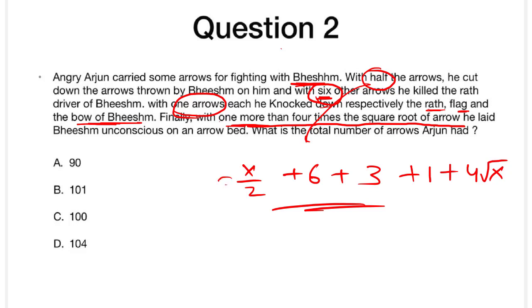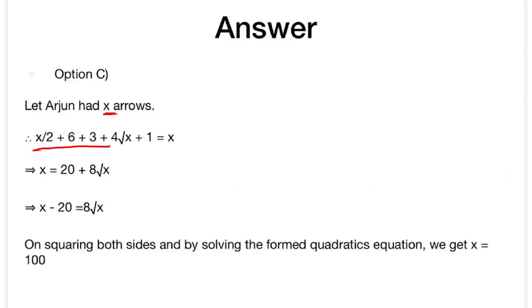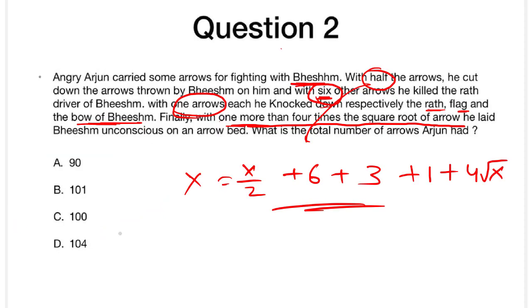The total is going to be x. By simplification we get x equals 20 plus 8 root x, so x minus 20 equals 8 root x. It's just simplification, no need to worry about how to do it.